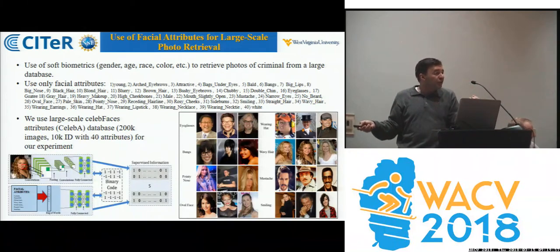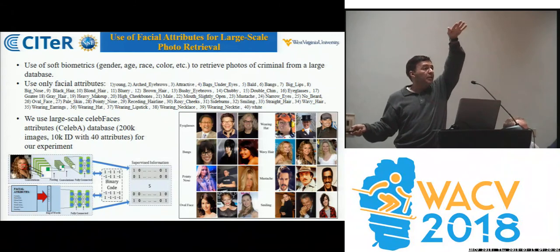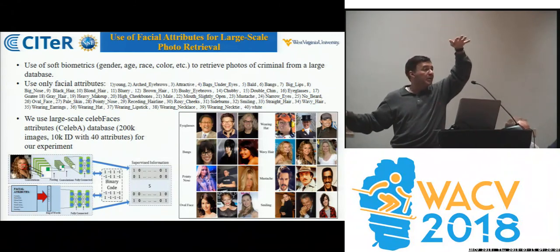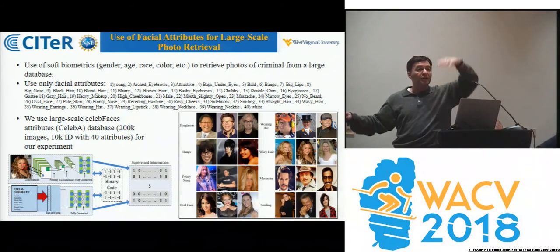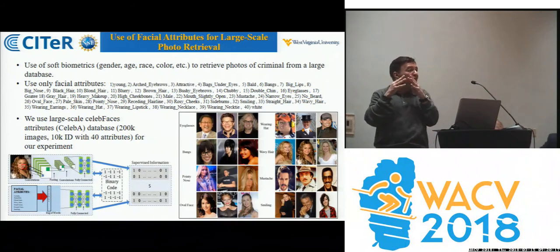So if I can achieve this, then if somebody describes an attribute, I have a binary output. I'm going to match it with my gallery, which I'll represent in a binary format, because I have the binary version here, and we just do a one-to-one binary search. And if the Hamming distance is close, I display that, okay?